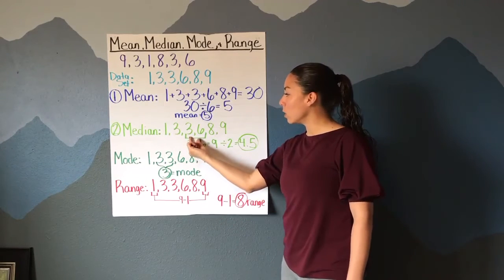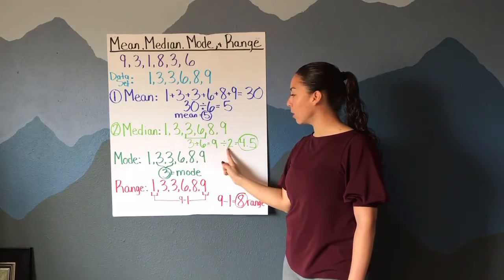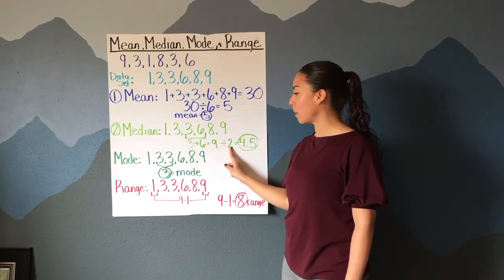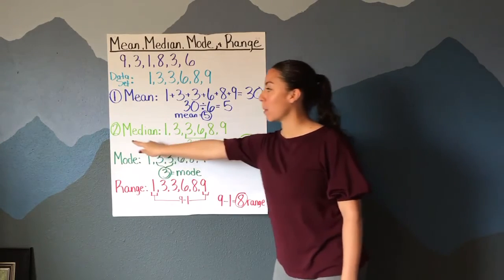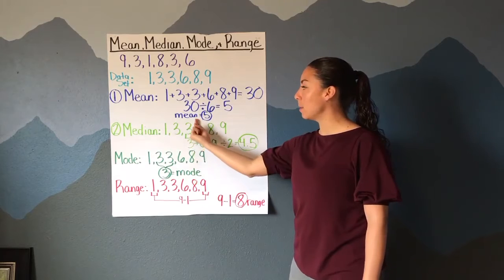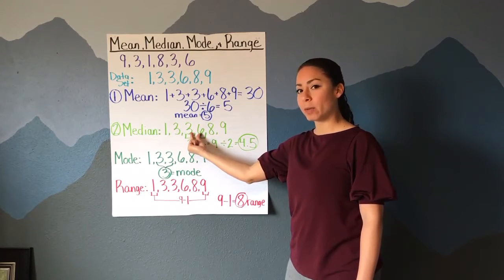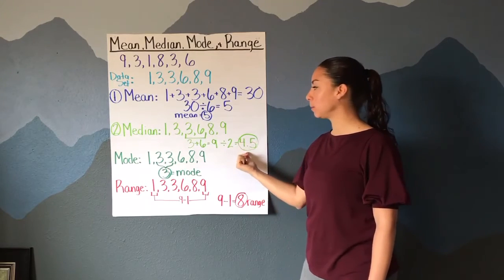So what you do is you will add up these two numbers. 3 plus 6 is 9, and you're going to divide by how many you have. I have 1, 2 numbers, so I'm going to divide 9 by 2, and that's going to give me 4.5. So that is my median. My median is the middle number, or you might have to find the average of the two numbers if you have an even set of numbers here, okay?